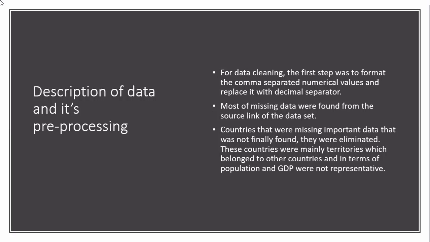Hence, we found a few of the data from the source website, the World Factbook, and in that process, we realized that we were unable to find a few data of the countries, but these countries were territories of other countries, and the GDP and the population of such countries were not significant. Hence, we decided to eliminate these data from our dataset.